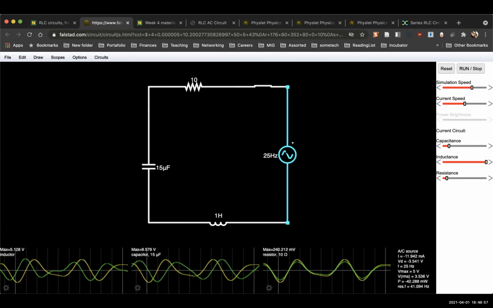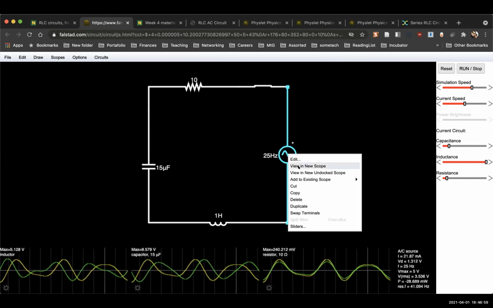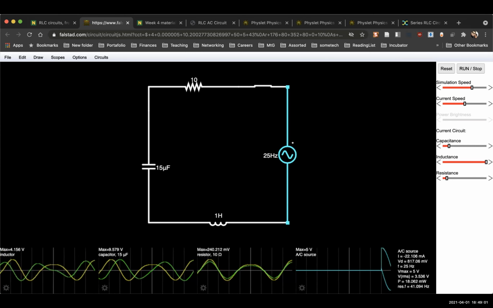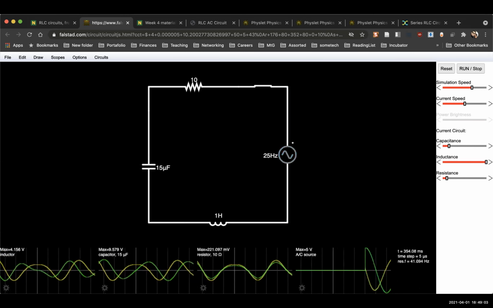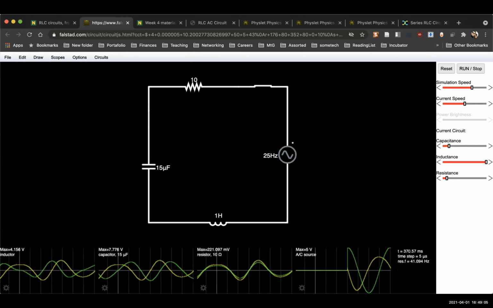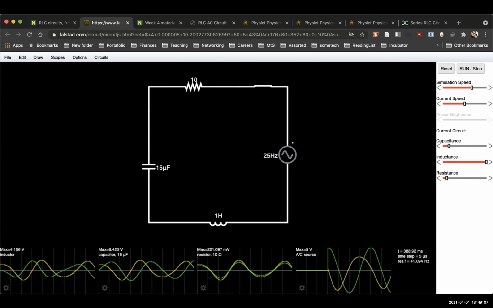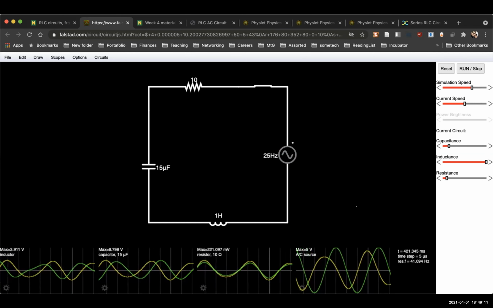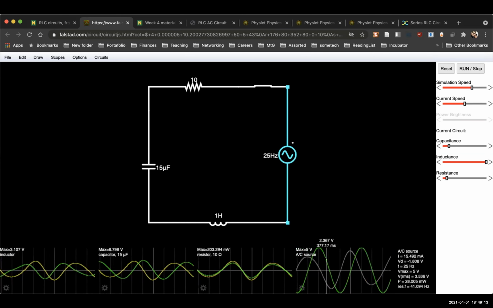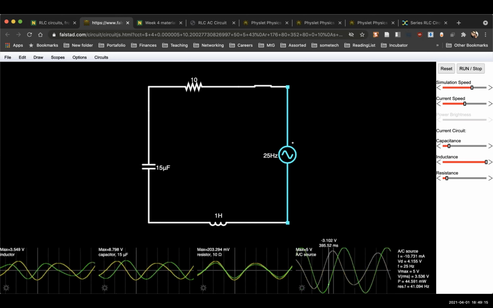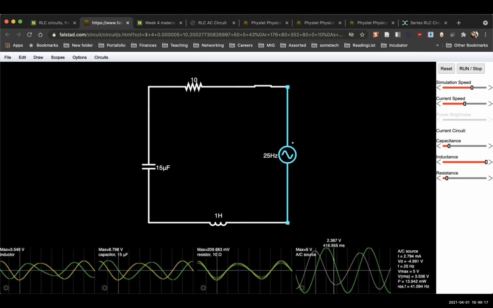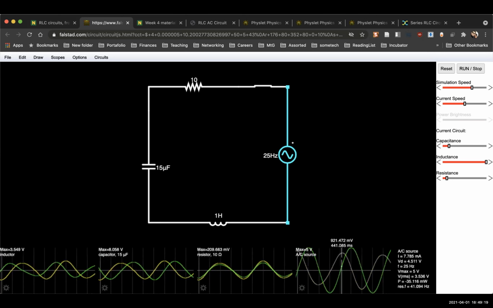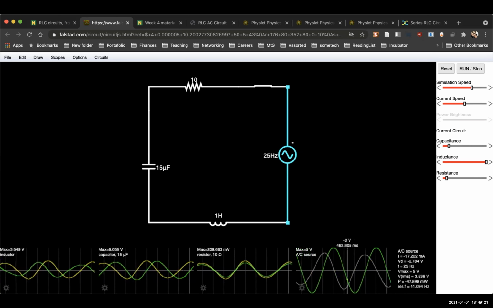An alternating source, the potential across the source alternating between +5 and -5.